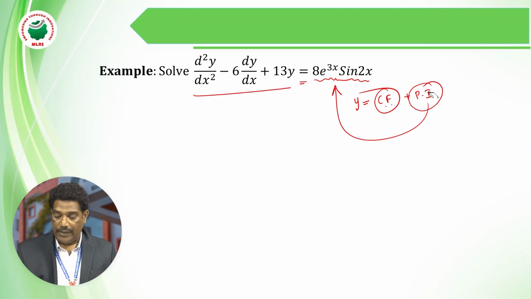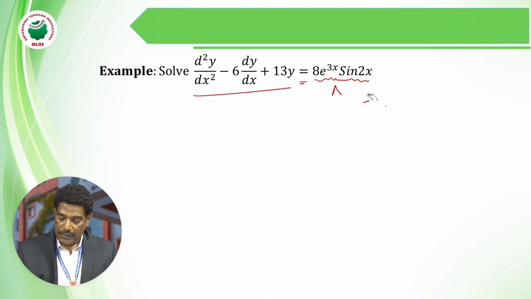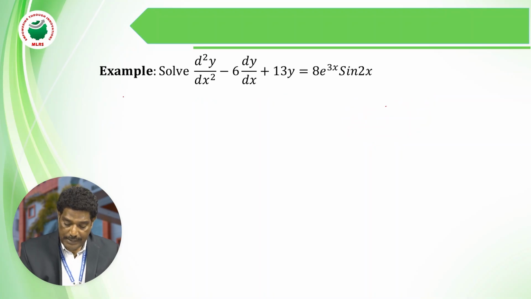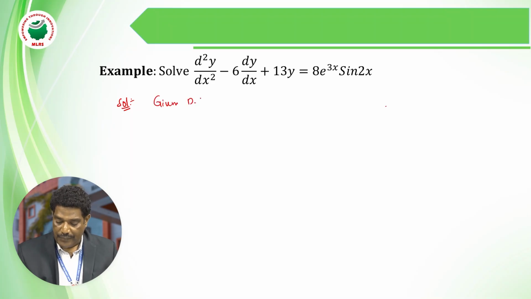Now let's start finding one by one. So first we need to find the complementary function. Okay, for that I will write. So here the second order, d square y by dx square. I am writing the equation. That is, the given differential equation is (D square minus 6D plus 13) y equals 8 into e power of 3x into sine 2x.